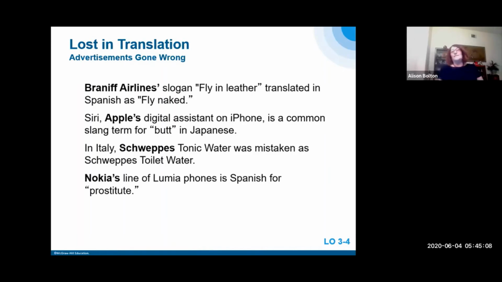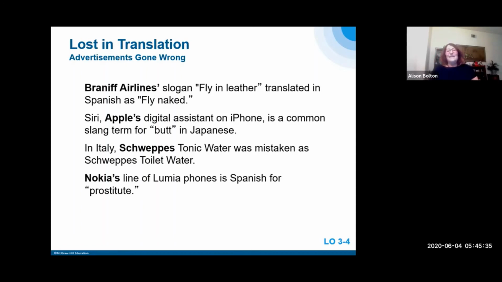Banff Airlines' "Fly in leather" means "fly naked." Siri, Apple's digital assistant, can really mess things up at times. The term "iPhone" is a common slang term for butt in Japanese, so we want to be careful there.